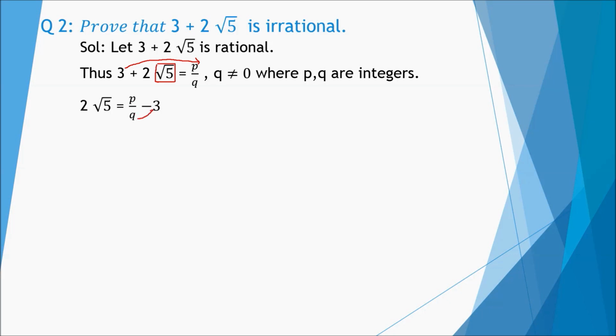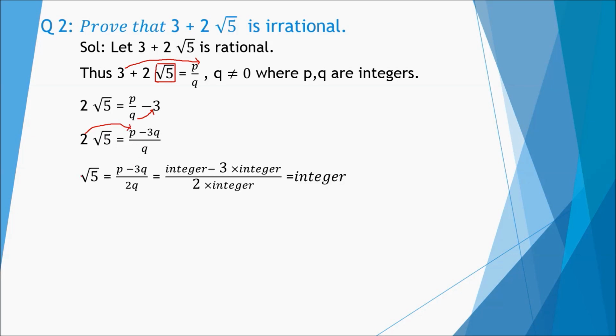So cross multiplying, we will get 2 square root of 5 is equal to p minus 3q divided by q. And now to isolate this square root of 5, we will shift this 2 toward this side. It will get divided here. So square root of 5 is equal to p minus 3q divided by 2q.